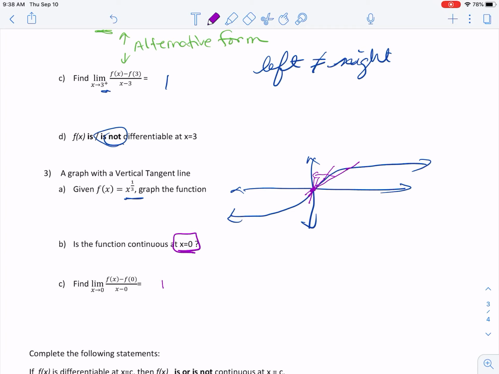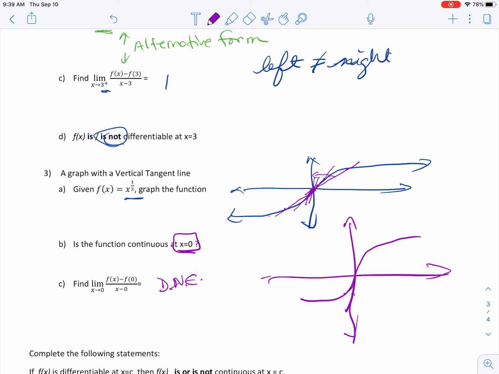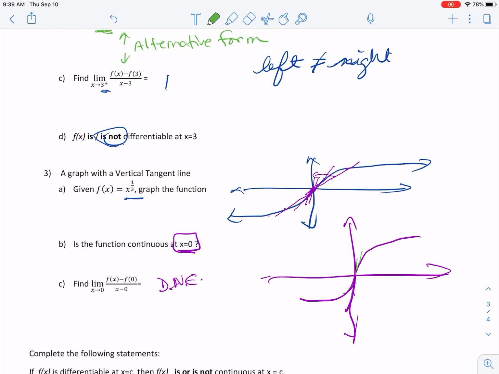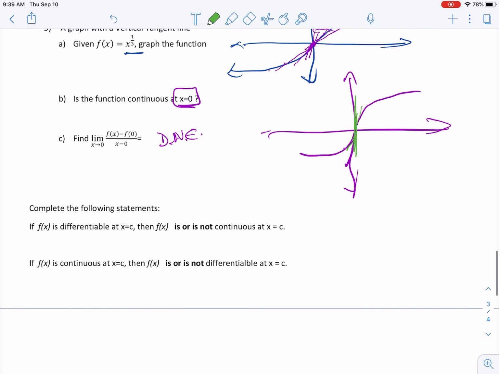So this does not exist. Even if I come from this way, I pick a point here, here's my tangent line, here's my tangent line. If I put this in my calculator and blew up that graph, it would be coming in like this, okay? My tangent line is here, here, here, and it ends up being vertical at that point, and it does not exist, okay?